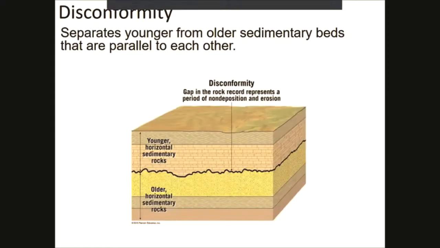A disconformity is an unconformity that separates older from younger parallel layers of sedimentary rock. So they don't have to be horizontal like it says here, they just have to be parallel. You see how these rocks are parallel to the rocks above them? That's a disconformity. Right here is the unconformity itself, the erosional surface.